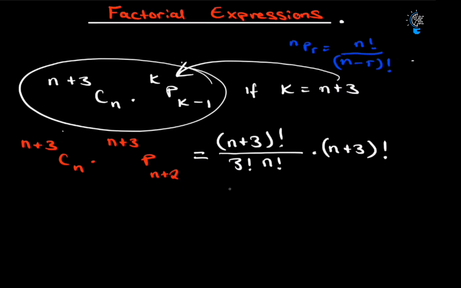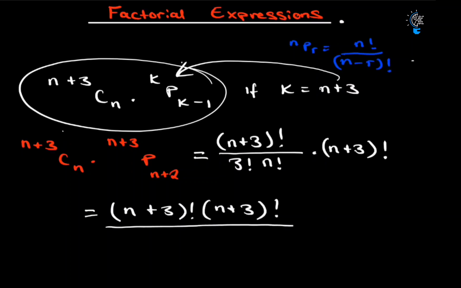So from here now we can see one thing, and that thing is that this part and that part are the same, so we can just slide them this way. Then we're going to have 3 factorial and n factorial.